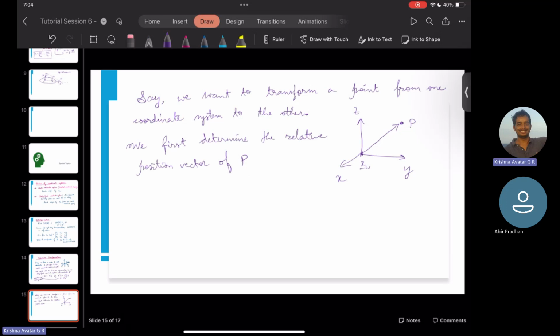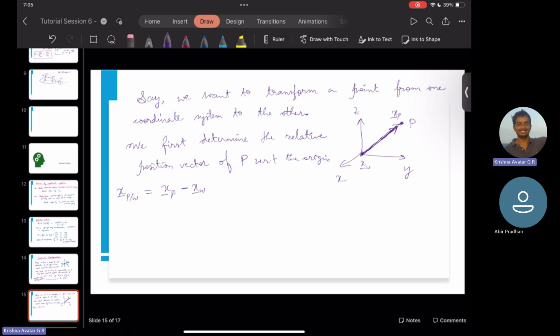It should be a free vector in space. So from this point to this, right? So this is the vector that we are looking at. So this would be given by some xp vector minus xw, and this we'll call x vector pw.